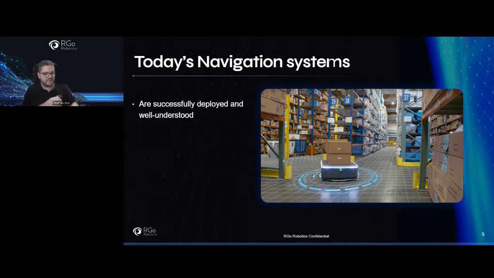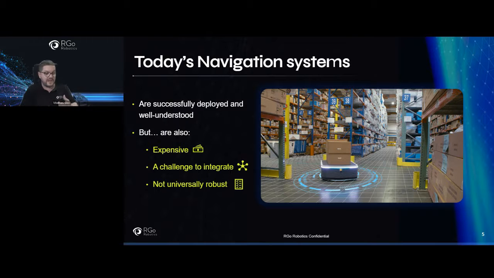Well, today's navigation systems, obviously, they are successfully deployed and well understood, and they work in many industries as we speak. However, the feedback from customers is that they are still expensive systems, they are very challenging to integrate, and they work only in very specific environments.